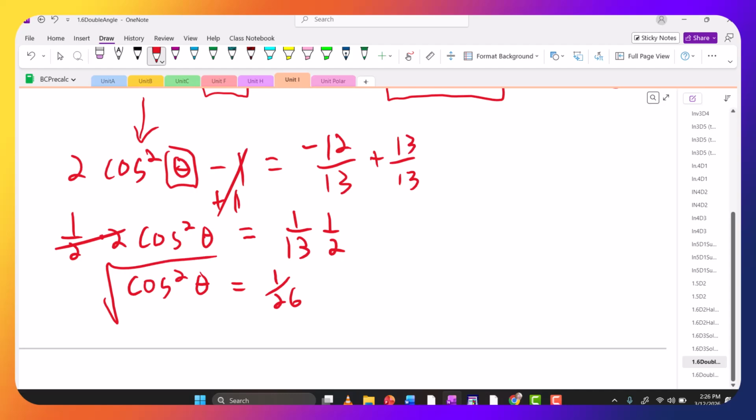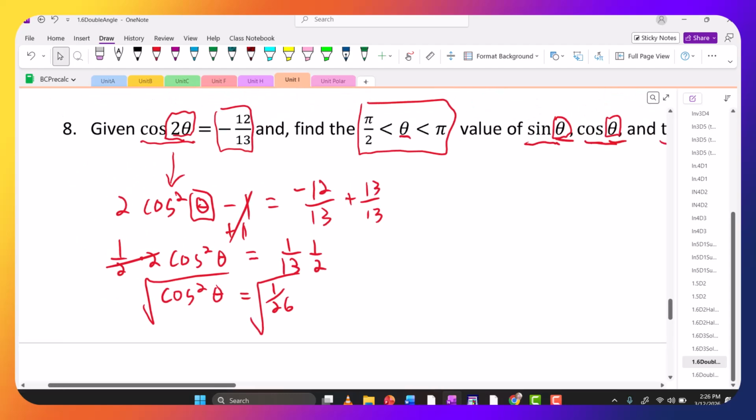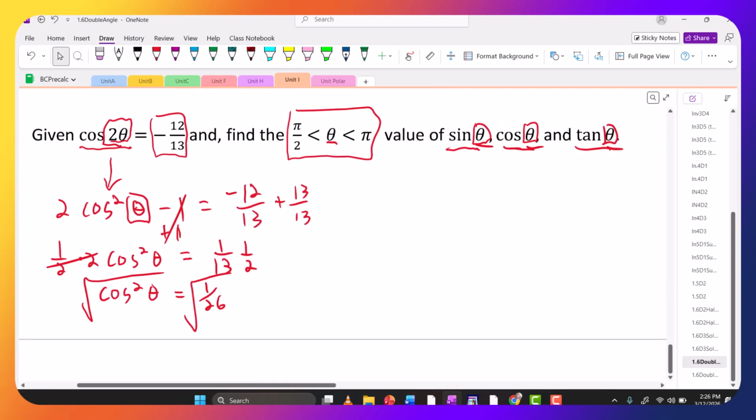And then I square root. Okay, now I can look. I see why they told me this. I got to choose when I square root between what's? Plus, anyone? Plus or minus. This is the square root of 1 over the square root of 26. Let's think about the square root of 26. That's 2 times 13.